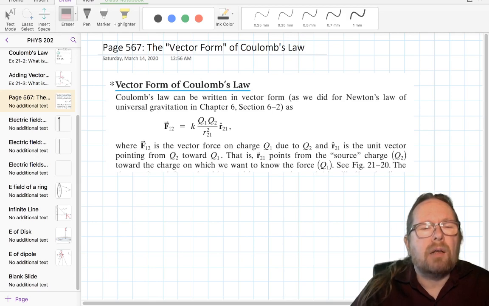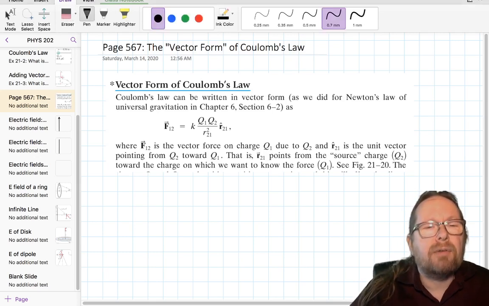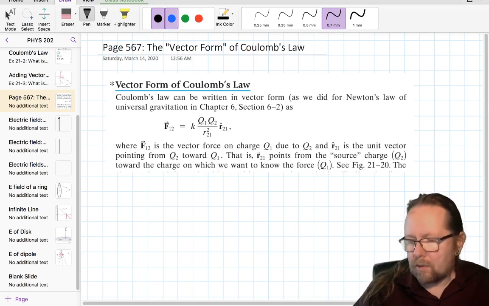So force is a vector. The thing that it's equal to has to be a vector, and it's the product of the charges divided by the distance squared times a unit vector in that direction. Sometimes you'll see this equation written in advanced E&M books slightly differently.